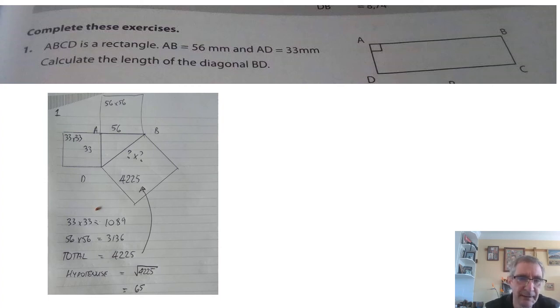The total area of the squares on the other two sides is 4225, which means that the square on the hypotenuse must have an area of 4225. So to find the length of that, we have to square root that. And you can use your calculator and find that the length of that is 65.